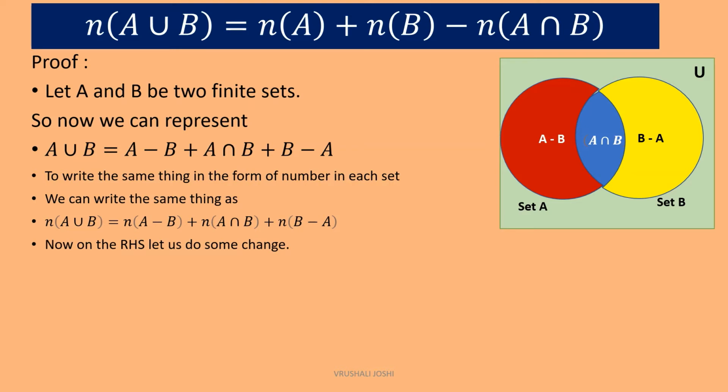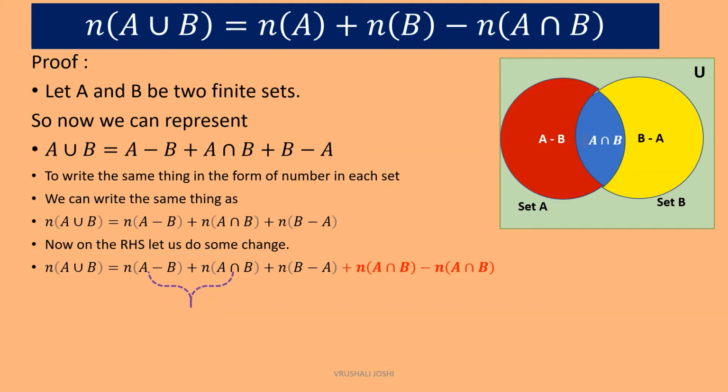Now on the RHS, we are going to make a small change. We can plus and minus A intersection B on the RHS. That's not going to get any change to the equation that we have here. Now, if you add n of A minus B plus n of A intersection B, what will you get?